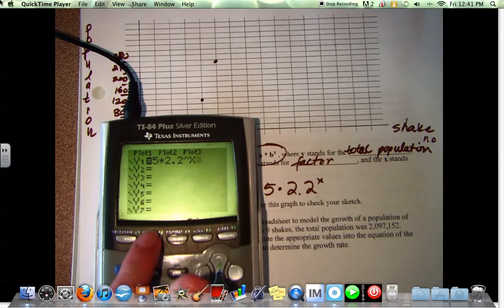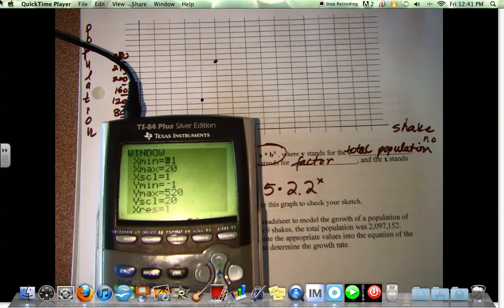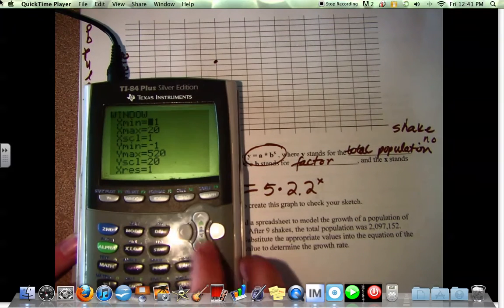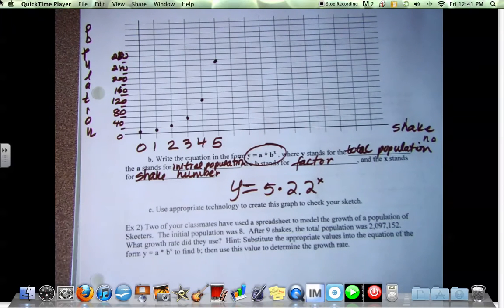It says window. Hit window. What we want to tell our calculator is the window that we used on our graph paper. So, what was the maximum value that we put on the x-axis? 5.